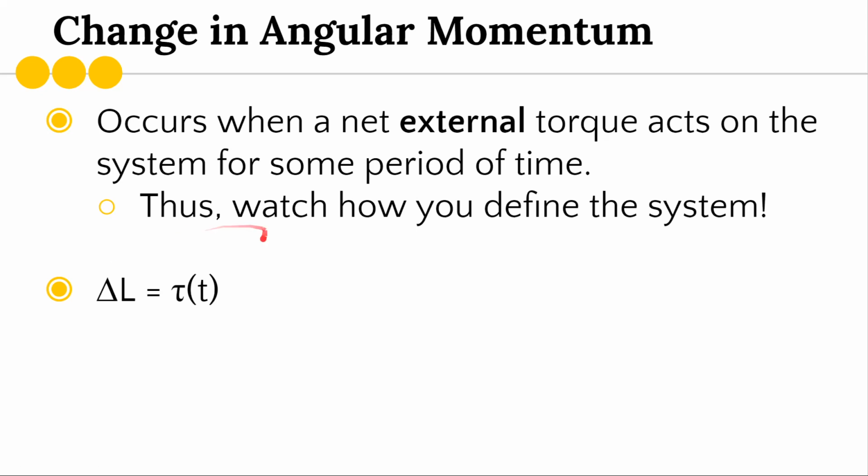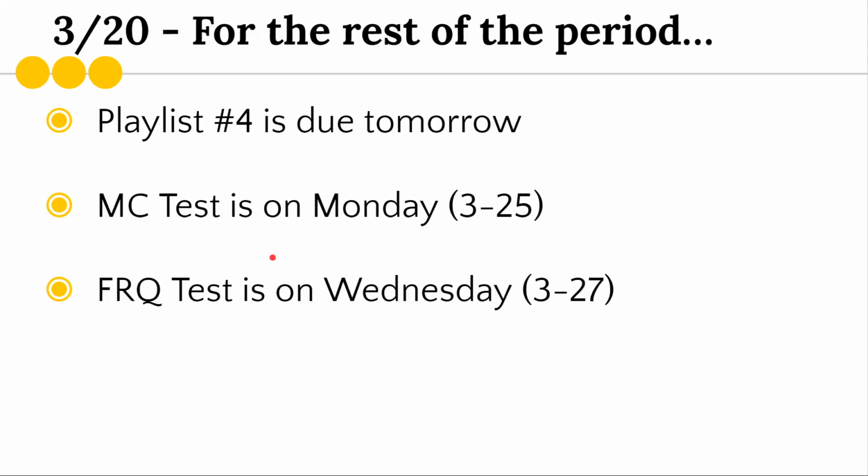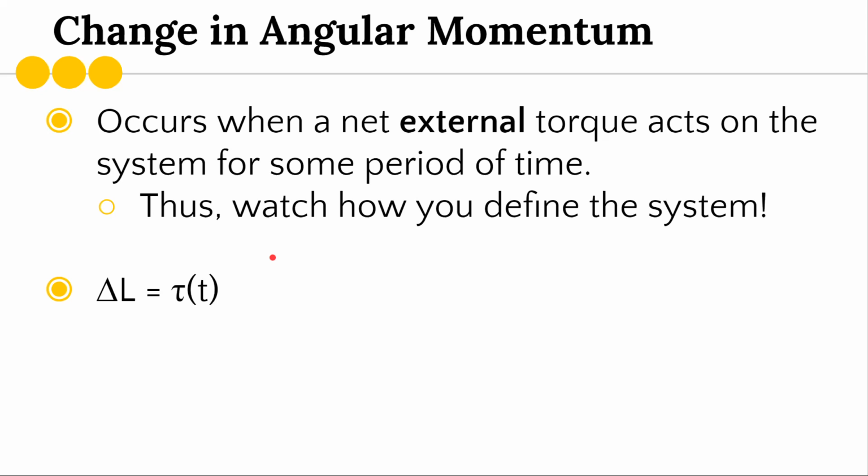So it still looks similar to the translational equations you've seen previously. Sorry, that was too fast. I'll give you a second if you want to copy that down. If you do have a net external torque on your system, you can use this equation to figure out what the change in angular momentum is and then work from there, depending on what you are solving for.